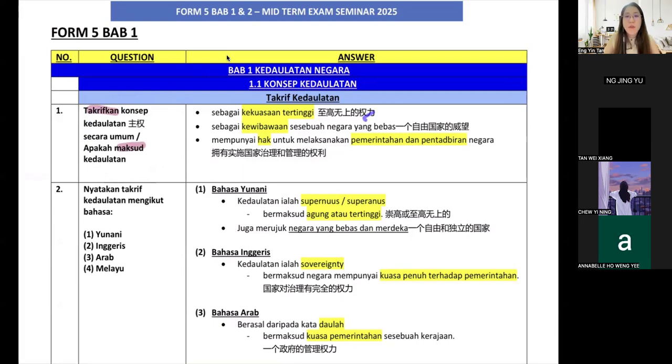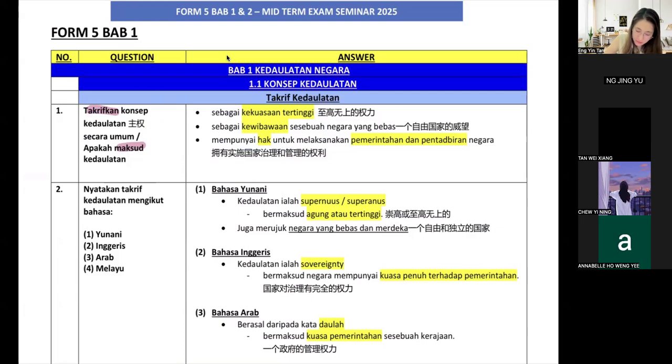Then you know how many marks you'll get when you write them. So takrif and maksud are the same thing. When they ask you for the takrif or maksud, you need to tell me the meaning. So kuasa tertinggi, kewibawaan, hak. It's everything about power. Oopsie. Sorry.